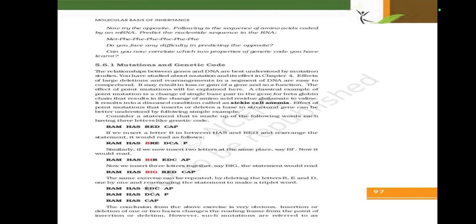Following is the sequence of amino acids coded by an mRNA. Predict the nucleotide sequence in the RNA. Met, Phe, Phe, Phe, Phe, Phe, Phe. Do you face any difficulty in predicting the opposite? Can you now correlate which two properties of the genetic code you have learned?